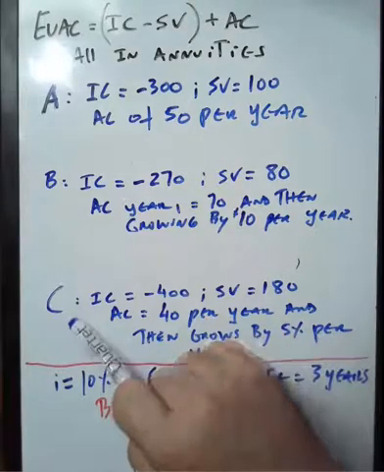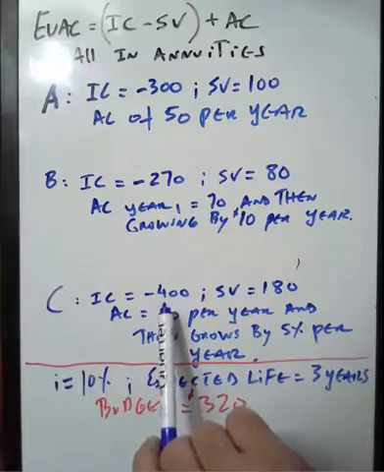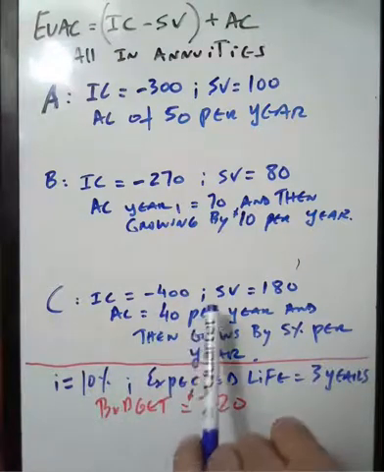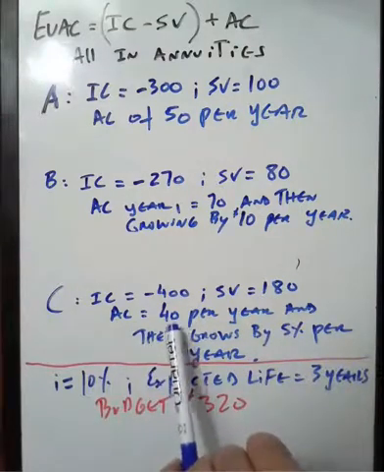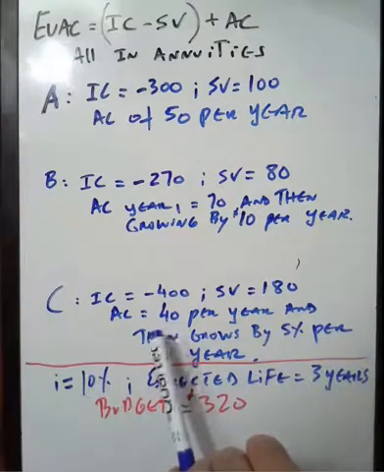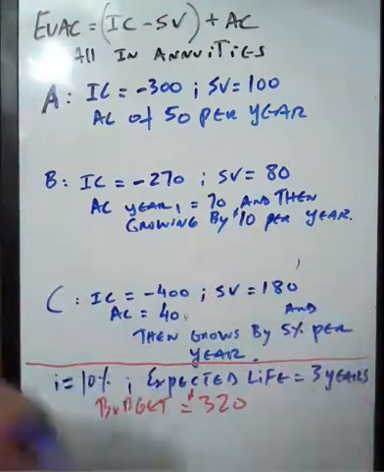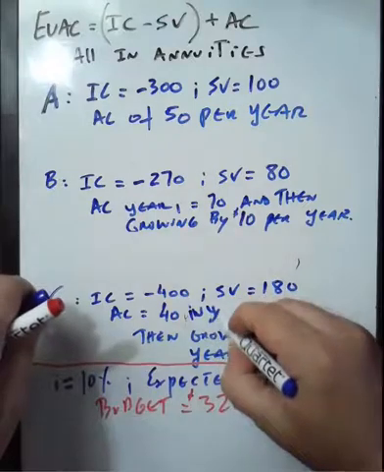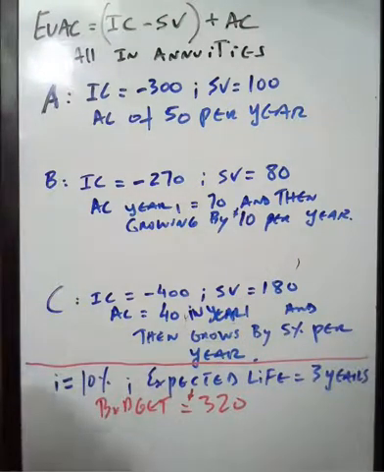And then there's a third machine, machine C, which is the most expensive, requires a $400 investment, has a salvage value of $180, and the annual cost of maintaining and operating the machine is $40 in year one and then grows by 5% per year.